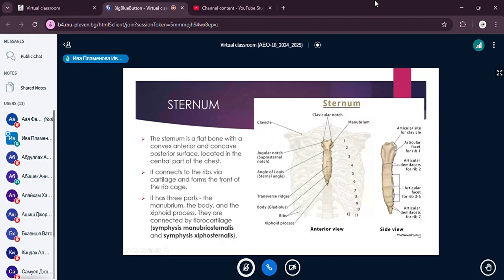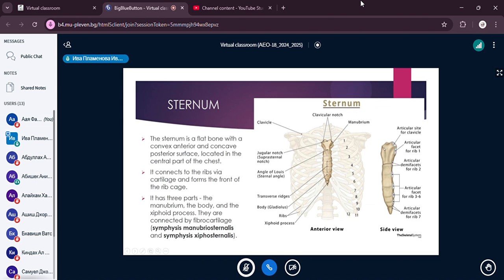At the lateral sides, we have articular facet for the first rib. And here, on the inferior part of the lateral surface on the handle, on the manubrium, we have half part of the facet for the second rib.